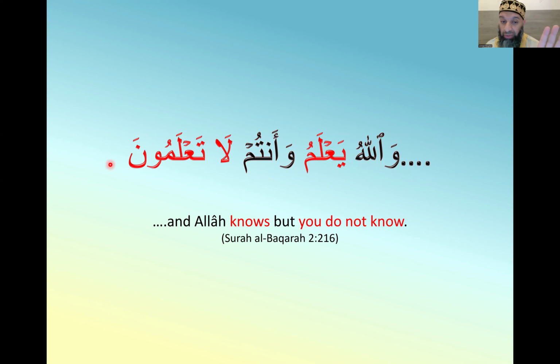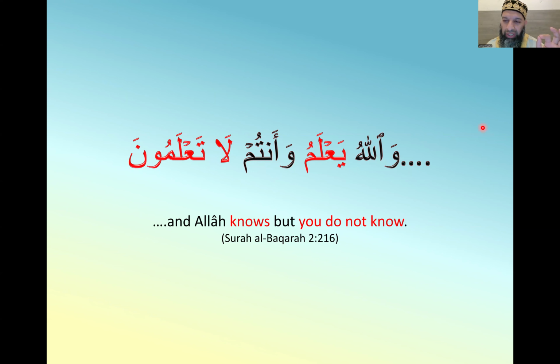And can you see from this table, you can now figure out that ya'lamu means he knows, ta'lamuna means you all know. So, Wallahu ya'lamu, and Allah, He knows, wa antum, and you all, la ta'lamun, you all do not know. And that, in Arabic, it's so powerful.